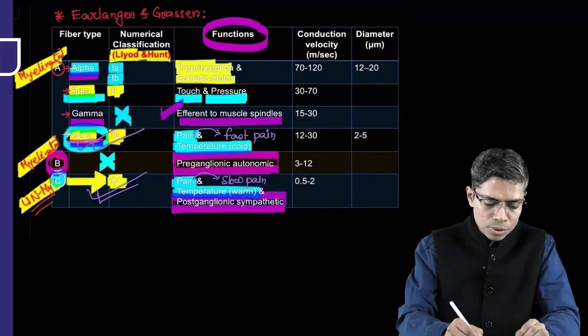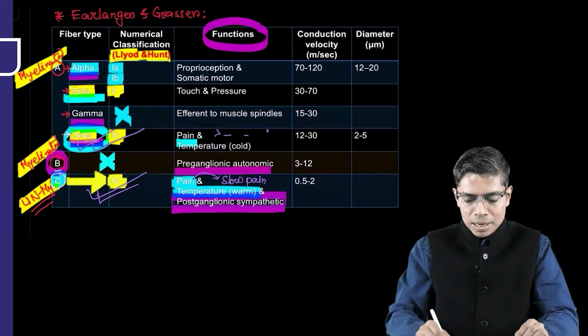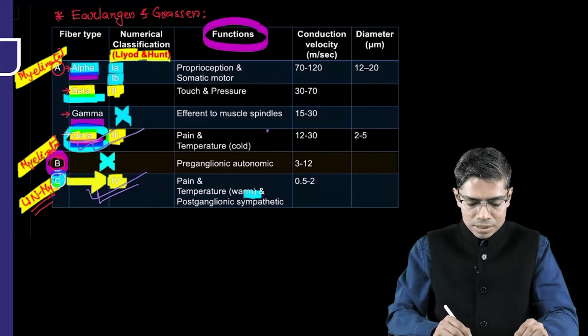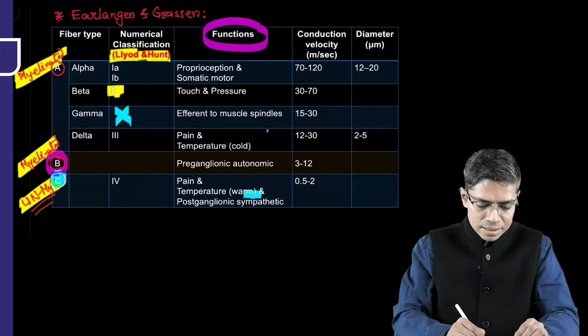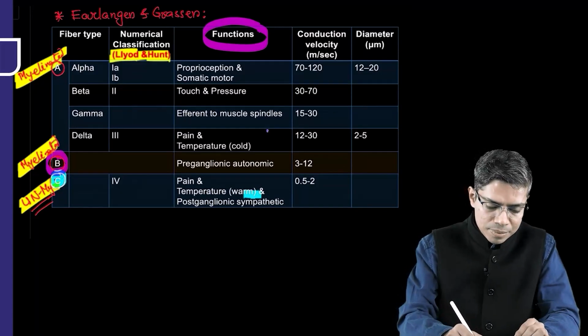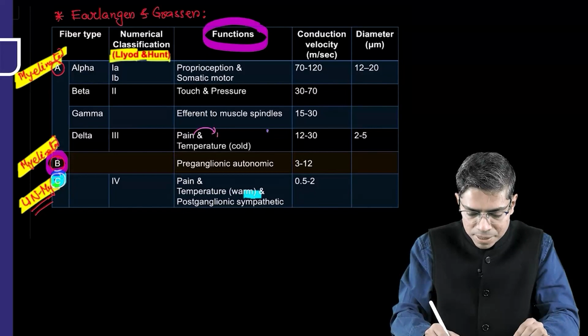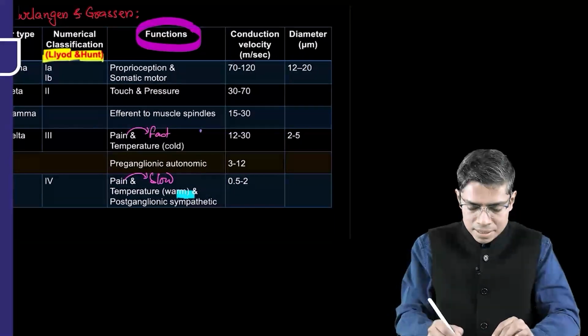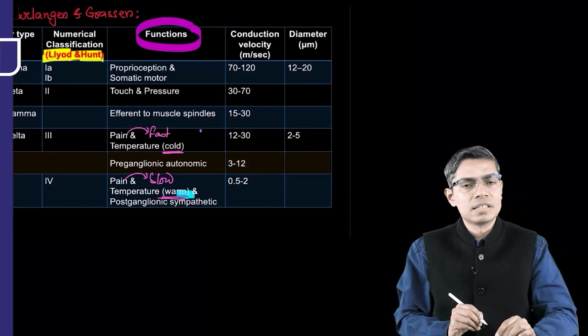So you have to remember this classification as much as possible because multiple questions have been given from this classification system. So try to remember this classification as much as possible, whatever I am saying. So just don't forget that fast pain is carried by A delta fiber and the slow pain is carried by C fiber. Similarly, cold temperature is A delta and warm temperature is by C fiber.